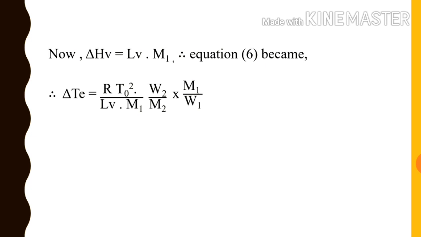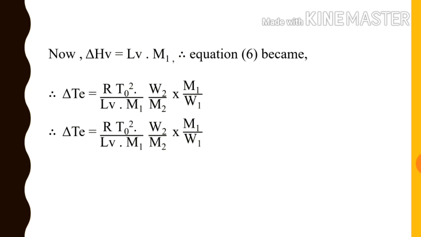So in equation 6 we only have to put the value of delta HV. We get a new equation: RT0 square upon LV into M1, W2 upon M2, M1 upon W1.